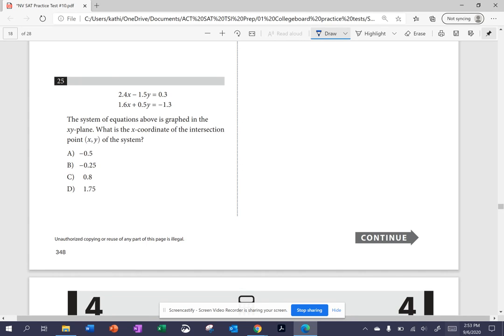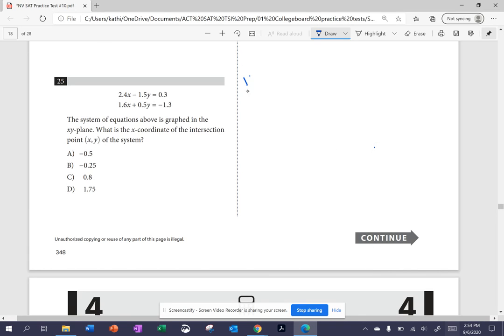25. The system of equations above is graphed in the xy plane. What is the x coordinate of the intersection point xy in the system? You can use any method you want. You can do this by graphing, by substitution, or you can do this by matrices.